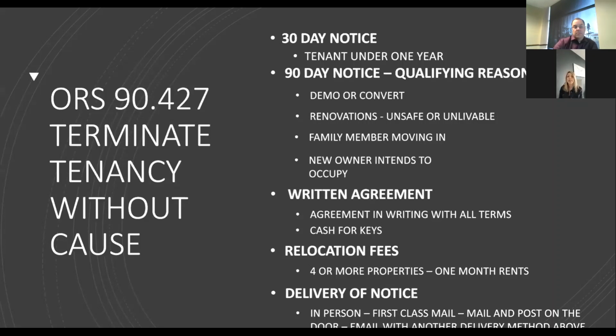And the only reason the email is great is just because you can let them know right away. We don't have to wait for the mail, even though the date is 3 days later. You're giving your tenants a little bit more time. A lot of times I've already talked with my tenants, maybe even a month before we've given the notice. We're pretty transparent at our company, and we've talked to them, kind of let them know what's coming down the pipeline.